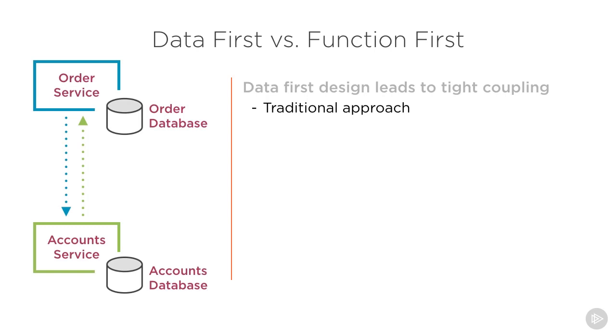And unfortunately, this data first design approach is quite common because it's traditionally been the way to design a database. It has always involved sitting down and working out all the possible entities that your system requires and the relationships between them, and then normalizing the entities using a normalization process.